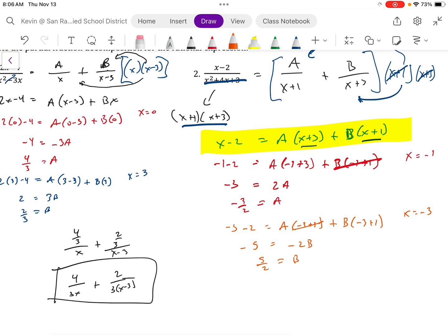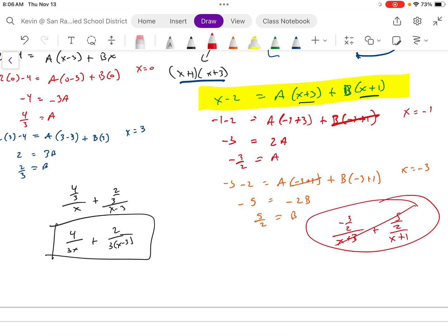So if we're going to write this out, again, let me do this in red, I am not going to write out -3/2 over x plus 1 plus 5/2 over x, I'm sorry, this is x plus 3. I'm not going to do that. Do not do that.